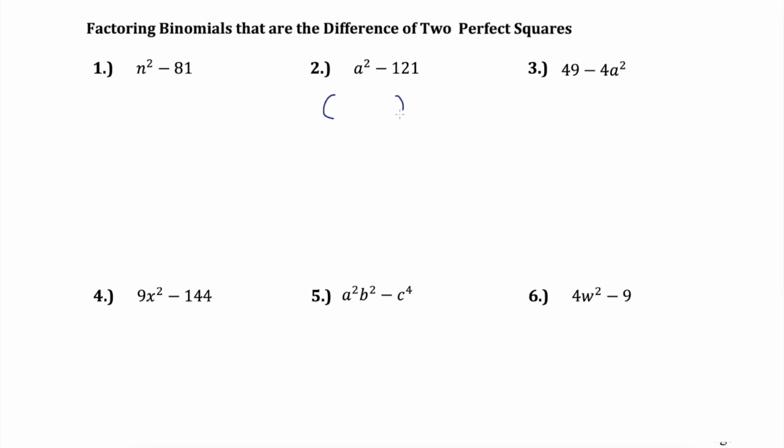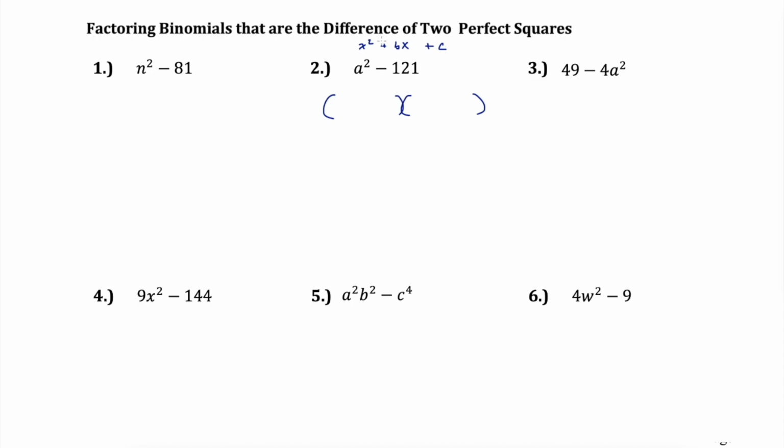Let's think about this in terms of the problem that we just had. We had x squared plus bx plus c. This was the form of our trinomial. In this case, we've got an x squared term, which is a squared, and a constant term, c, which is negative 121.